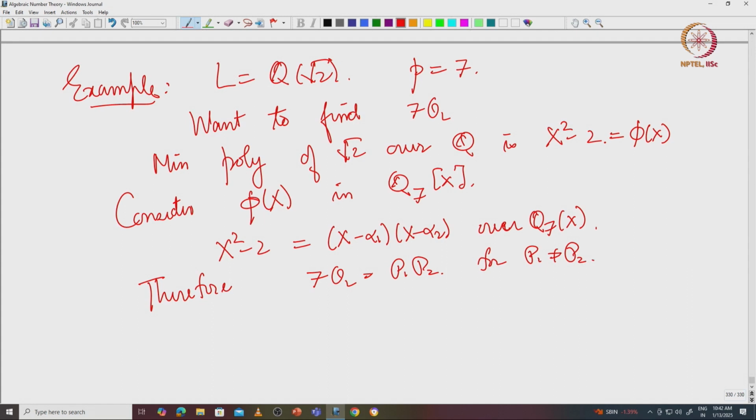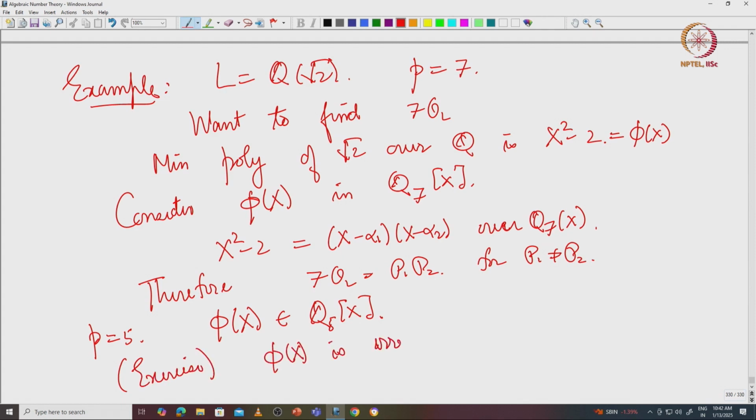Now, you take another case, let us say p is equal to 5. So, you consider phi(x) in Q_5[x], and what happens here? Well, you can show, maybe as an easy exercise, that phi(x) is irreducible over Q_5.